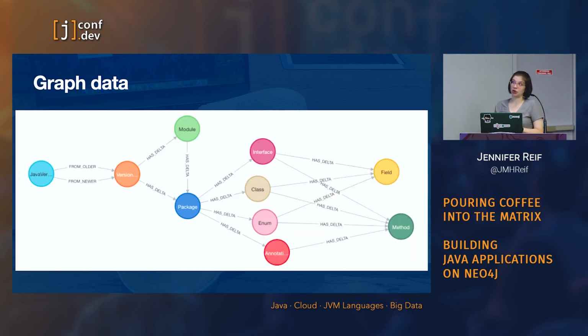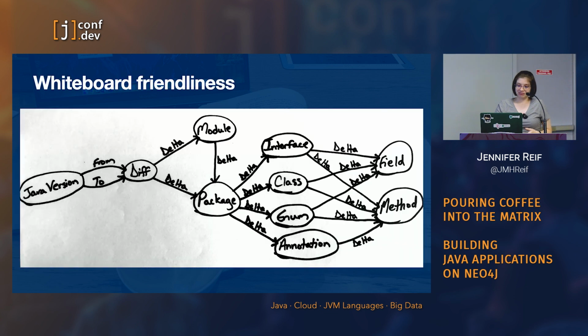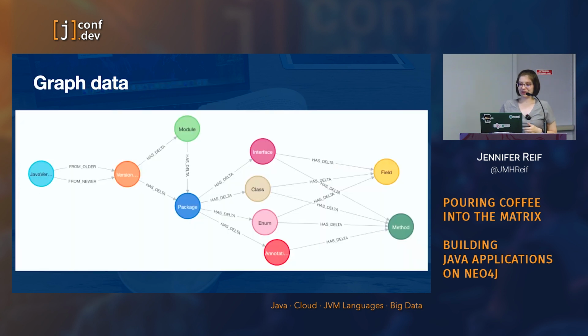It's what's going to get stored. So you can see that what I end up with in the final result inside the database is actually, in this case, exactly the same as what I drew on the whiteboard. So I did this exercise, went to the whiteboard, drew out my Java version domain, and then I actually imported it into the database, and that's the model I got when I put it in there.